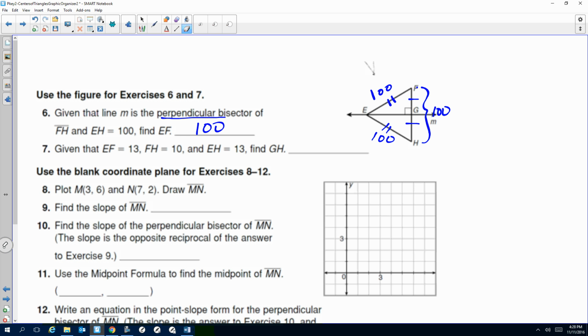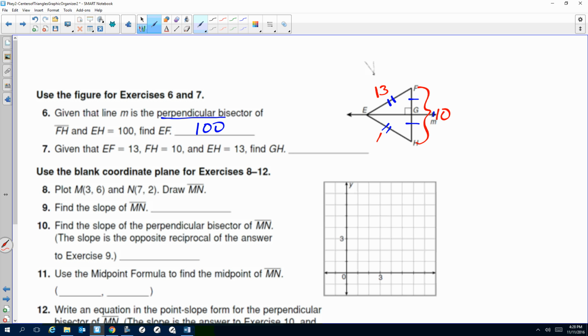Now the problem for the next one is going to change. Let me just erase this, but our markings and our relationship are still true. Given EF is 13 and FH, this whole thing, is 10, and EH, I already did that one, is 13. Oh, EF, excuse me.